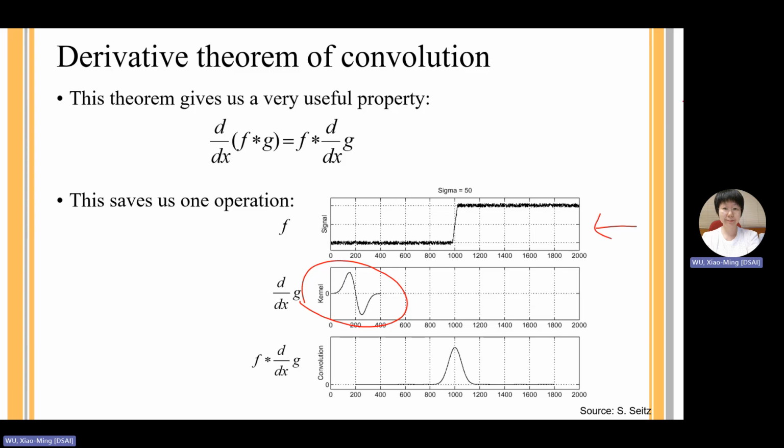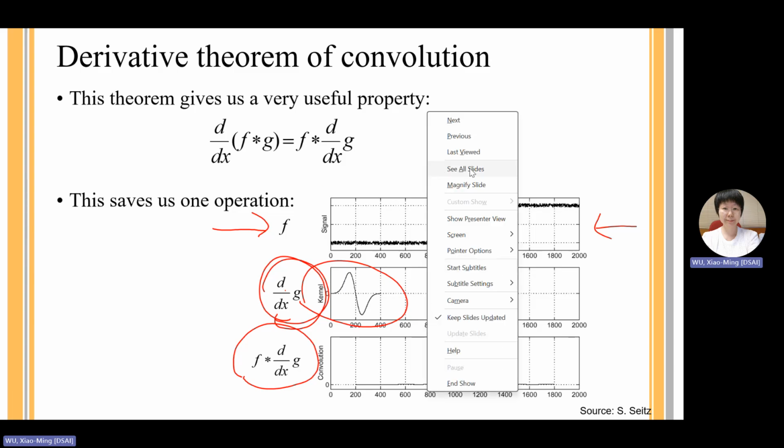We convolve the input image with the derivative of Gaussian filter. The Gaussian filter itself can smooth the image, while the derivative of Gaussian filter can smooth the image while simultaneously detecting edges.